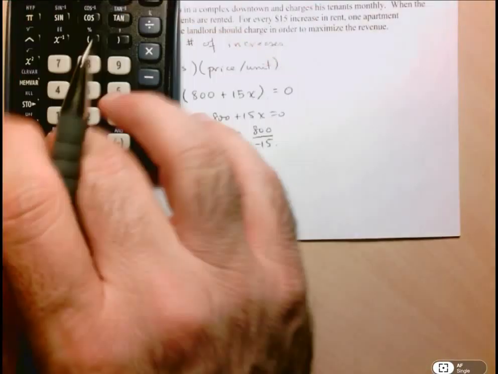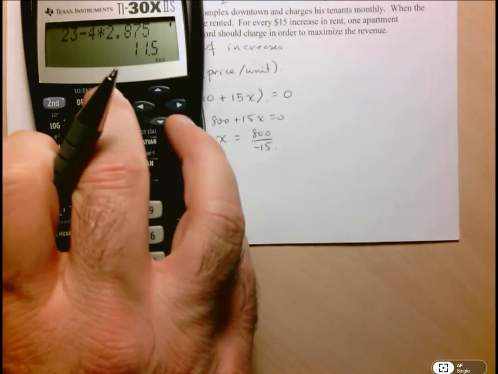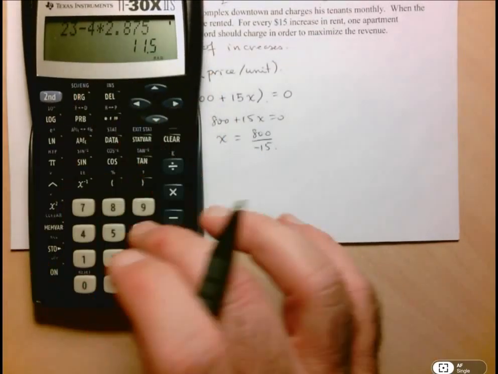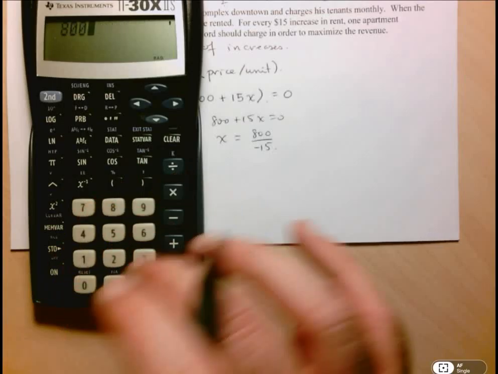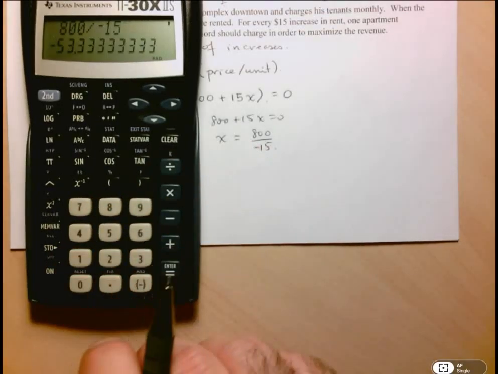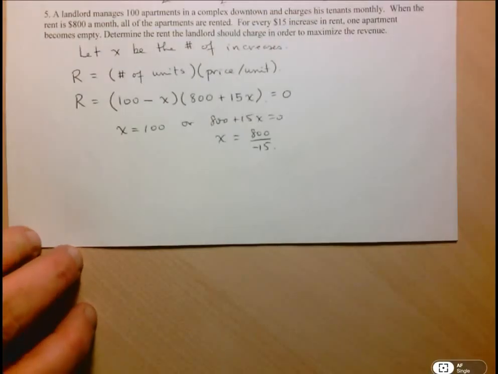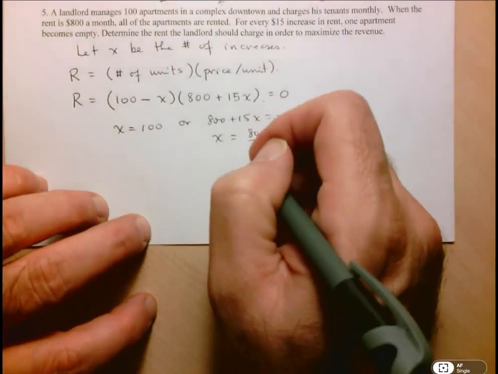This is an application question, so I don't have any issues with estimating here. So 800 divided by negative 15, and we've got negative 53 and a third. I'll leave it as negative 53 and a third for now.